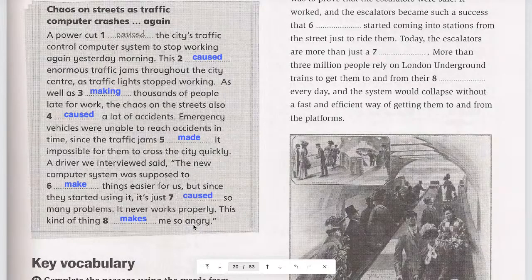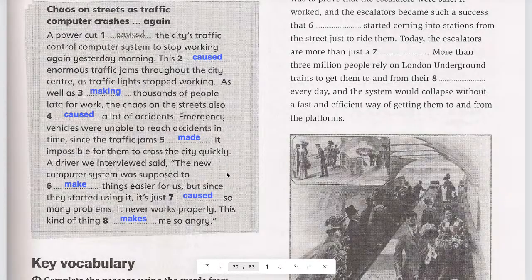And because of that, it never works properly. This kind of thing makes me so angry. That's just the fact that I get angry because of that. It's not like in the past or future or whatever. So for some fact, something like that, we use the simple present tense. Yeah? Okay?